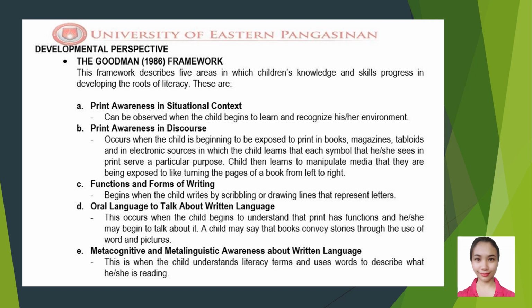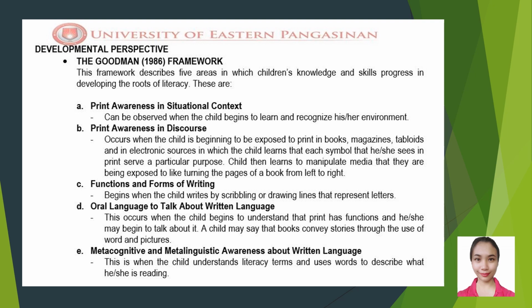Okay, so first, we will talk about the developmental perspective. The first theory is the Goodman 1986 framework. This framework describes five areas in which children's knowledge and skills progress in developing the roots of literacy.